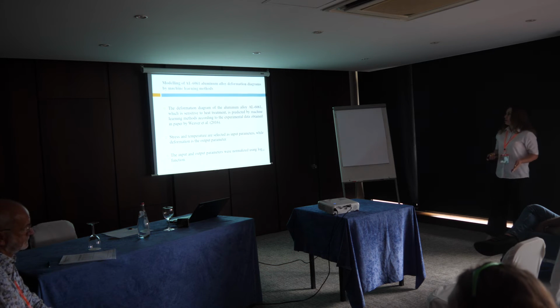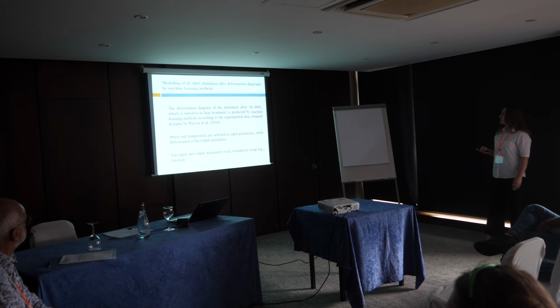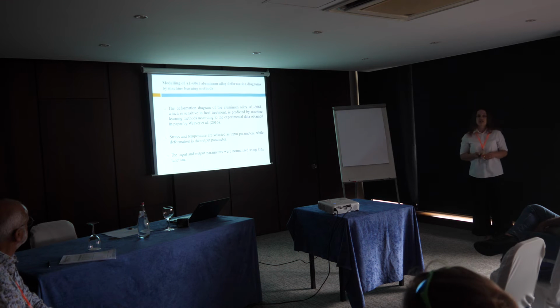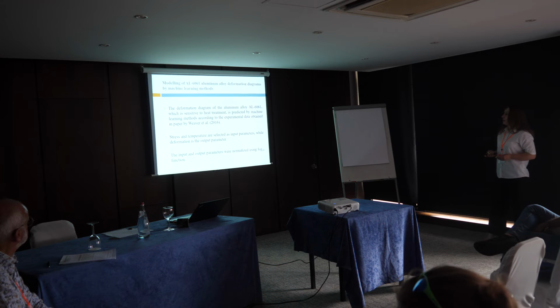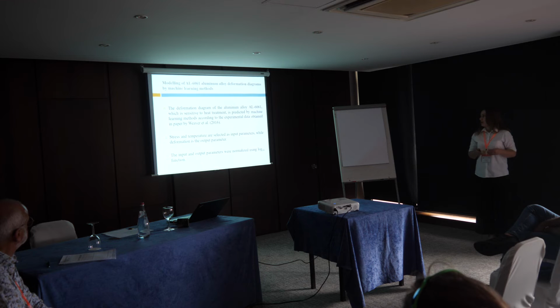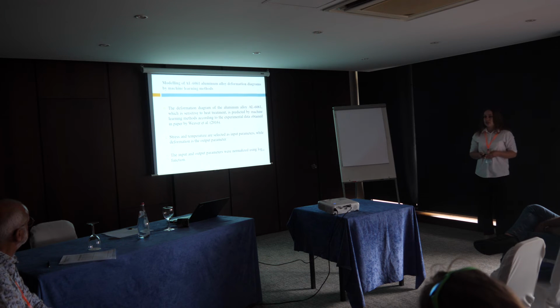So let's talk about the deformation diagram. The deformation diagram of the aluminum 6061 alloy is predicted by machine learning methods according to the experimental data obtained in this paper. Stress and temperature are selected as input parameters, where deformation is the output parameter. The input and output parameters were normalized using the decimal logarithm function.